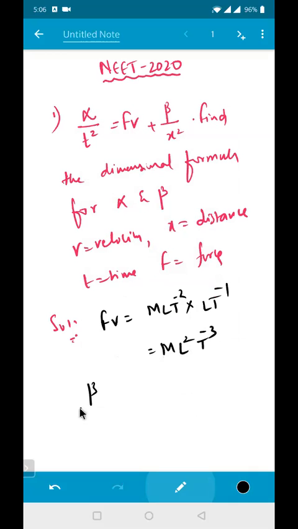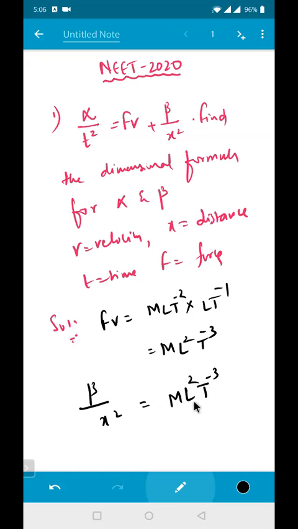The same way, beta divided by x square should be equal to how much? Beta is added to this x square term, so the dimensions of this must be equal to M L square T power minus 3, because we can add or subtract only those physical quantities which have the same dimensions.